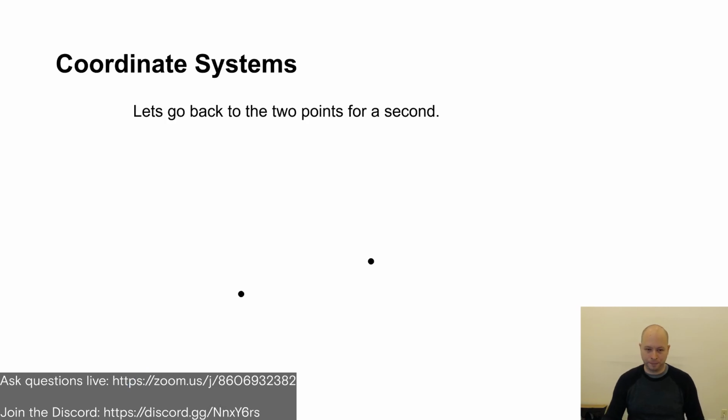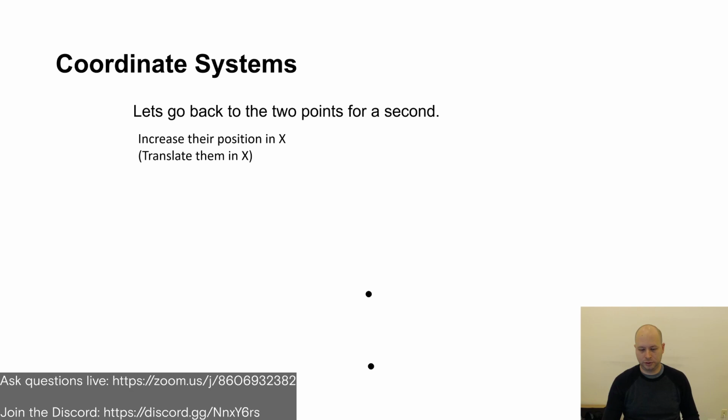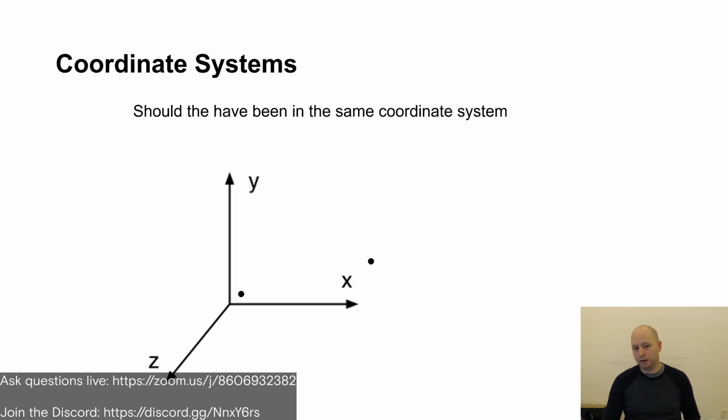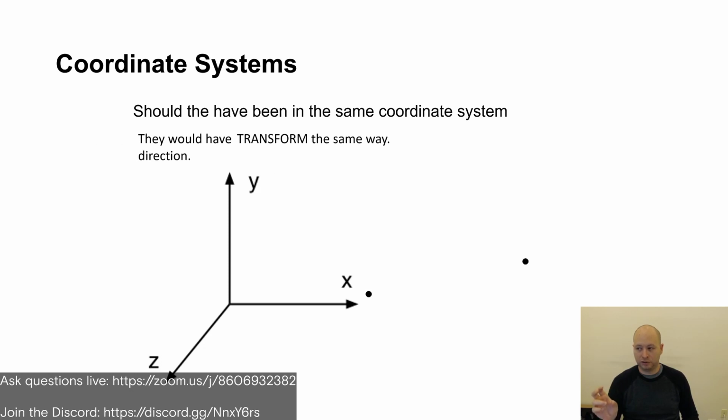Great. So let's go back to the 2 points for a sec. Let's increase their position in X. So let's translate them. Okay, that's not quite right. So they need to have the same coordinate system, and this is probably pretty important in that you can very much have points and information in two different systems that are related in some way.